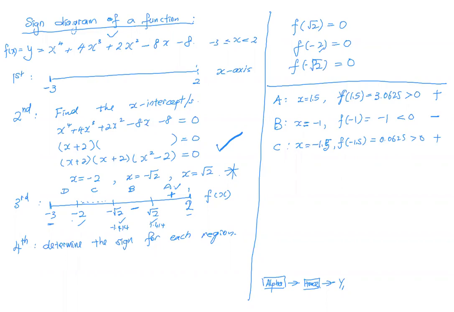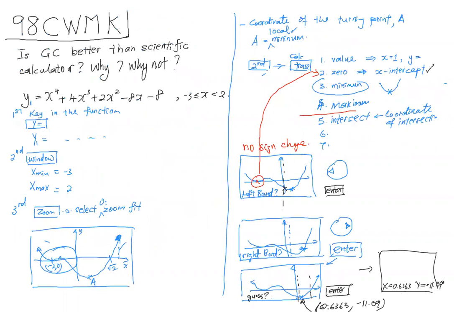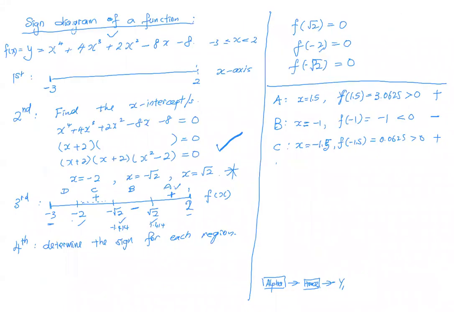So the graph is above the x-axis. That's why just now I said this graph, you see this part very near, is above the x-axis. Then after that I go to region D.